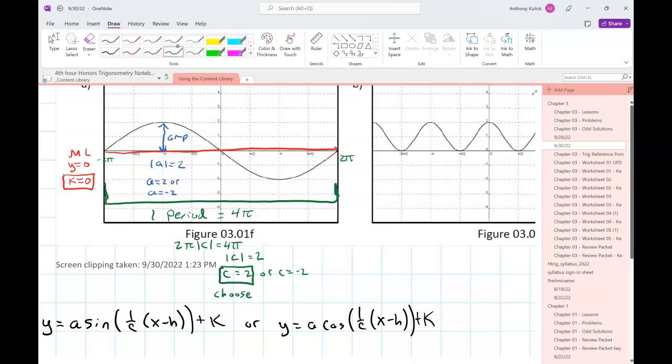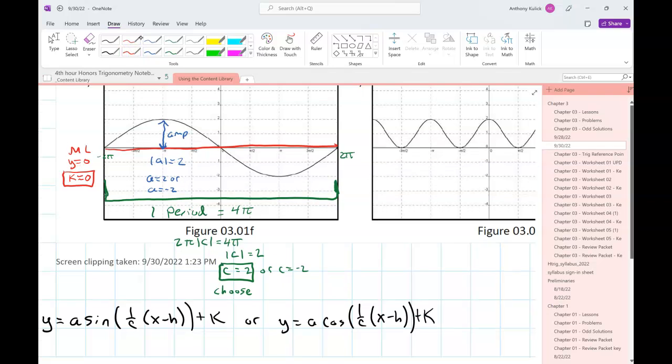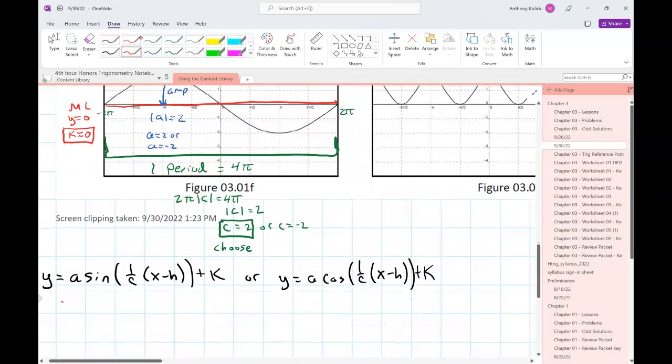Now we need to decide two things. We need to figure out the sign for A and the horizontal translation going on. Okay with that? So to do this, I'm going to take a point from my parent function and map it to some point on my resultant function.